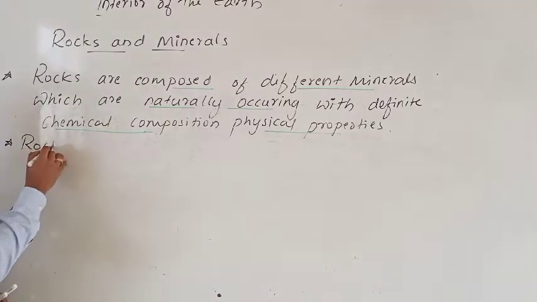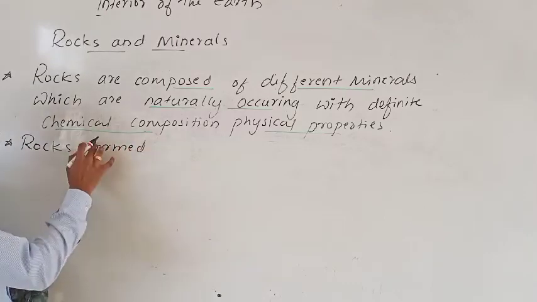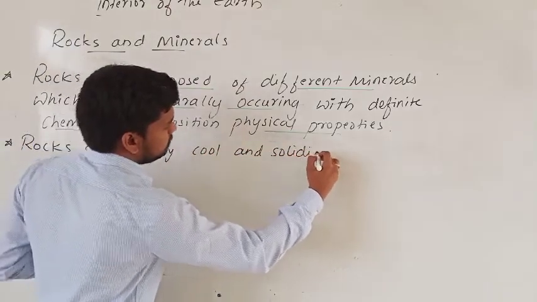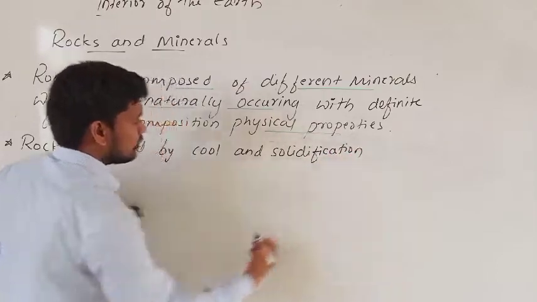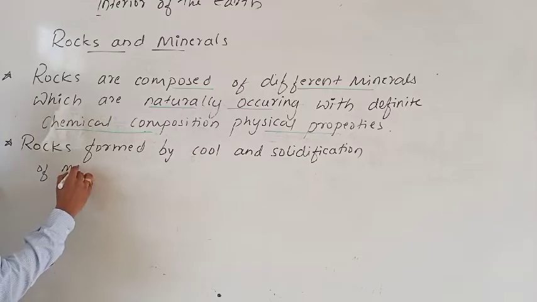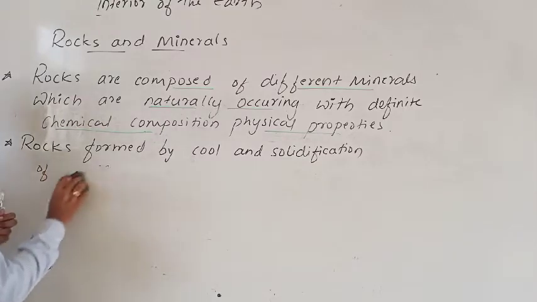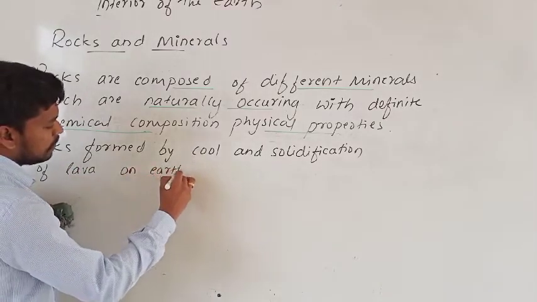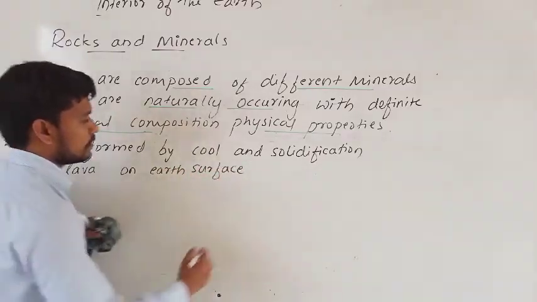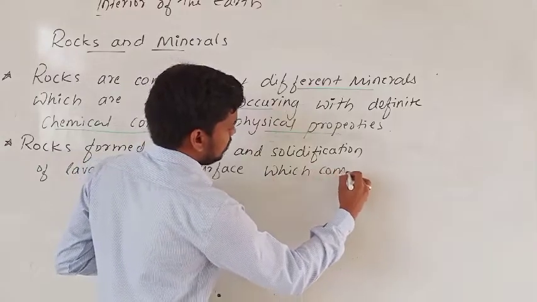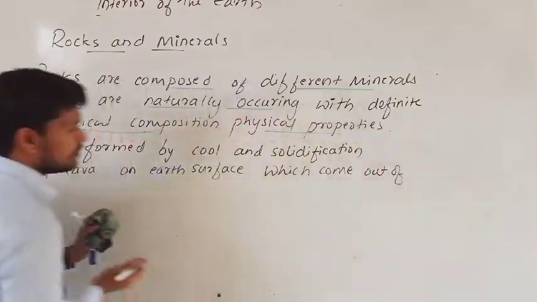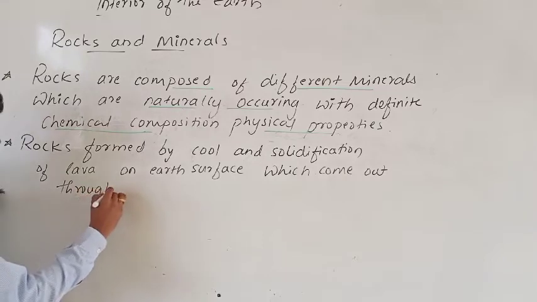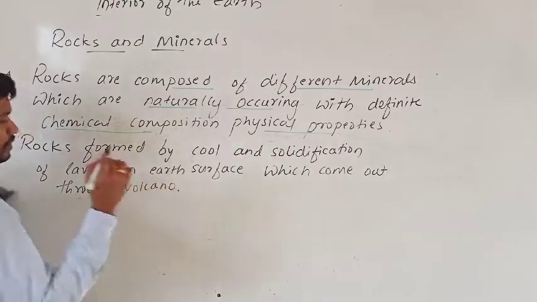So rocks are formed by the cooling and solidification of magma, otherwise you may say lava, on Earth's surface, which comes out through a volcano.